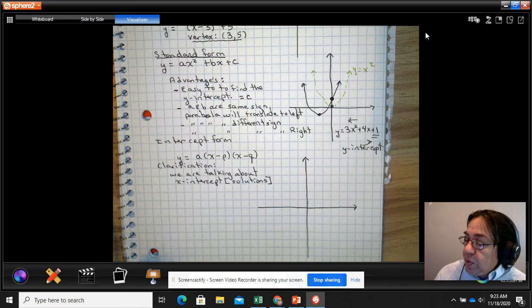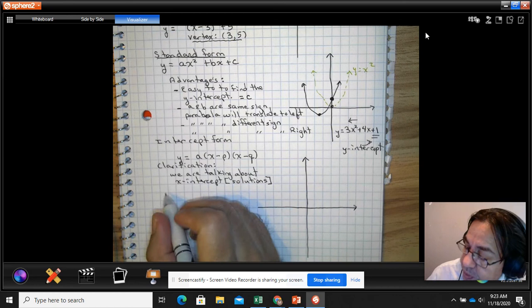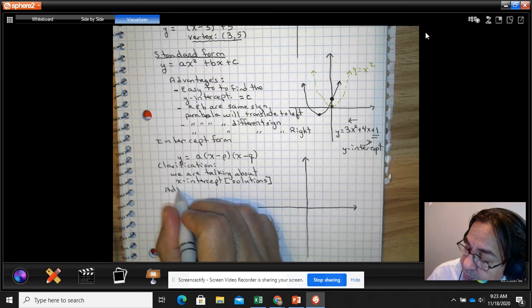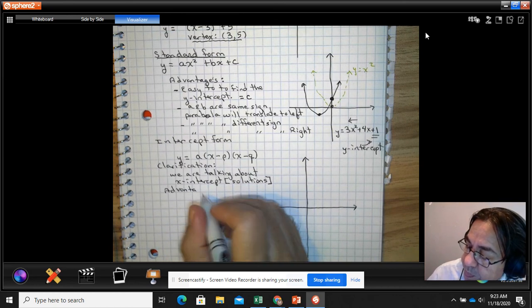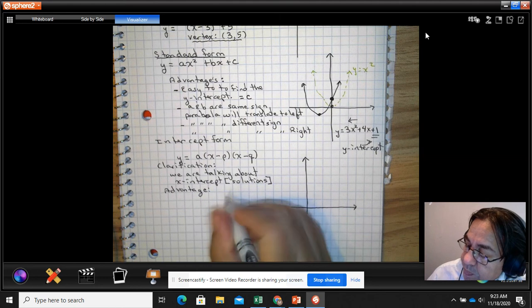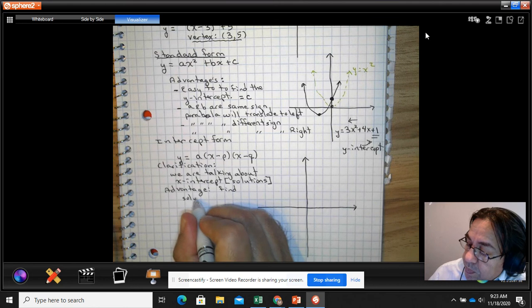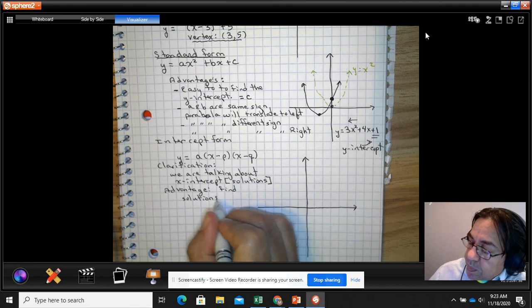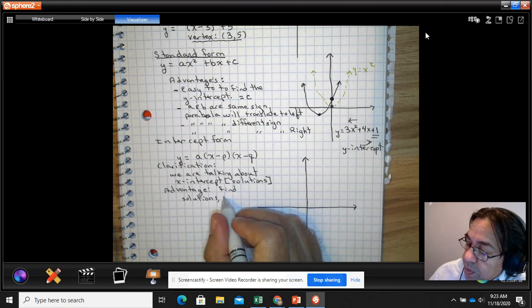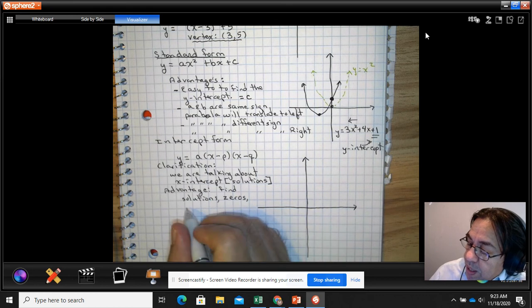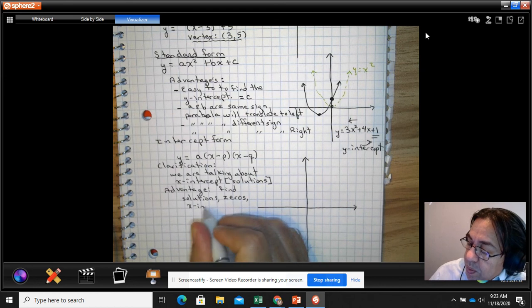So the advantage to this is that finding the solutions will be easy. Finding the solutions, finding the zeros, finding the x-intercepts.